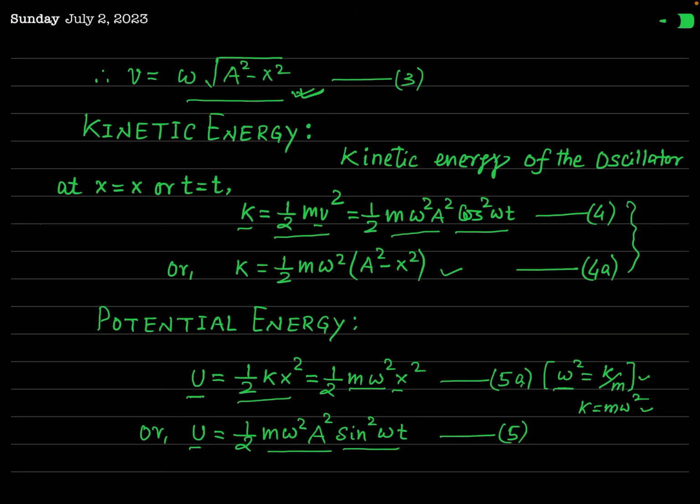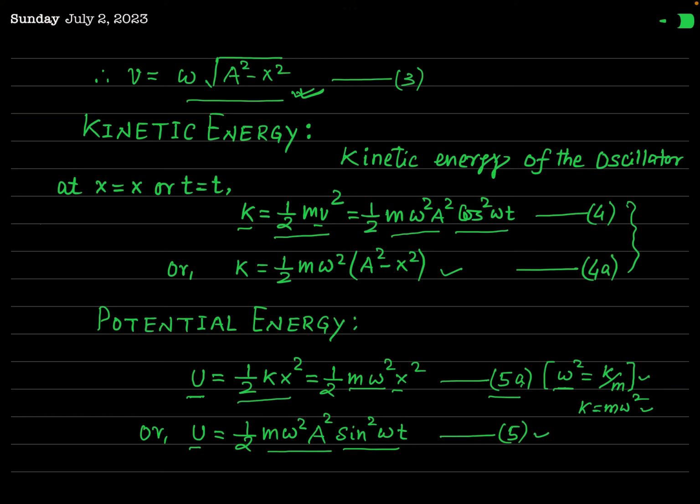So again you can see this equation 5a represents the potential energy of the oscillator as a function of x, and equation 5 represents it as a function of time. And both of these equations show that potential energy is also not constant during simple harmonic motion.